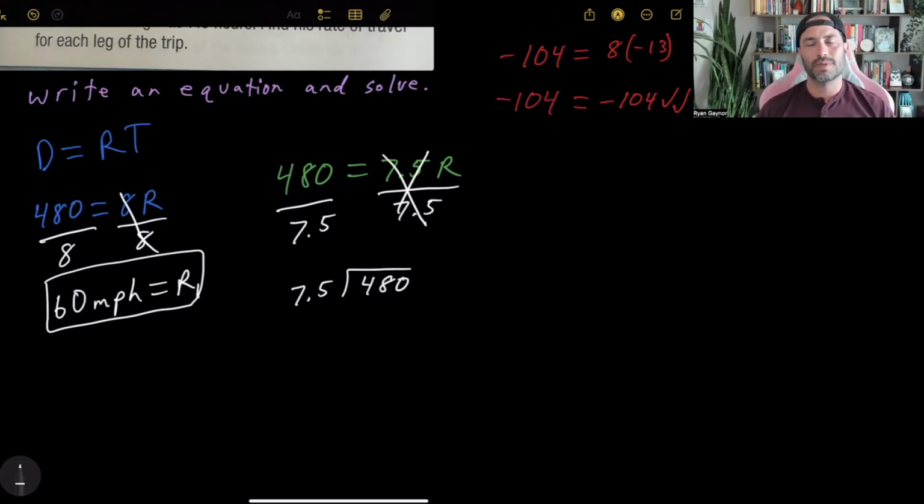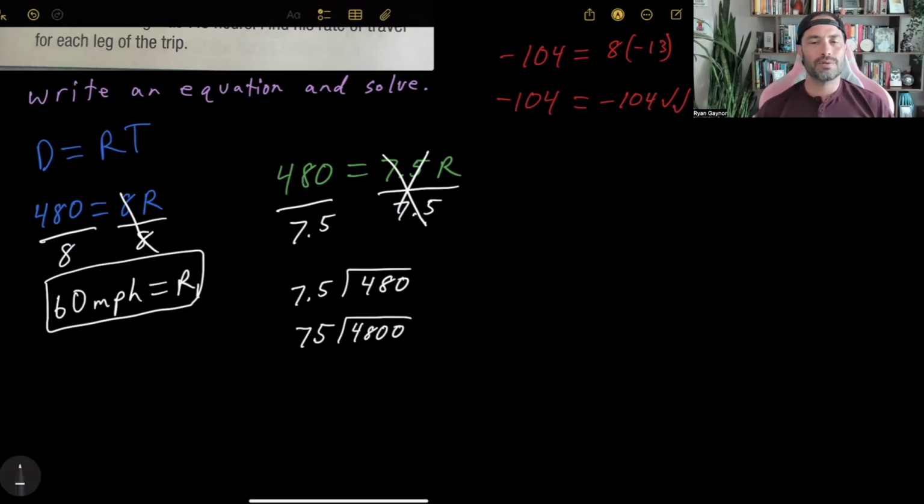When you're working with decimals, it's much easier to just move the decimal over so that there's no more decimal for the divisor, the 7.5. So if I move it over one place, oops, it just becomes 75. So then I have to do the same thing for the 480 because we have to balance it, right?